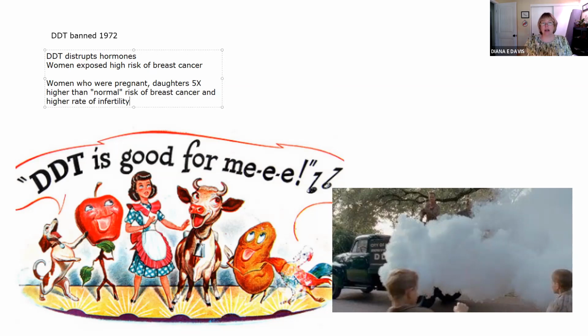So not only were the women who were exposed at higher risk, but their unborn daughters are now at higher risk. And in fact, their granddaughters are also at higher risk of breast cancer and early onset puberty.